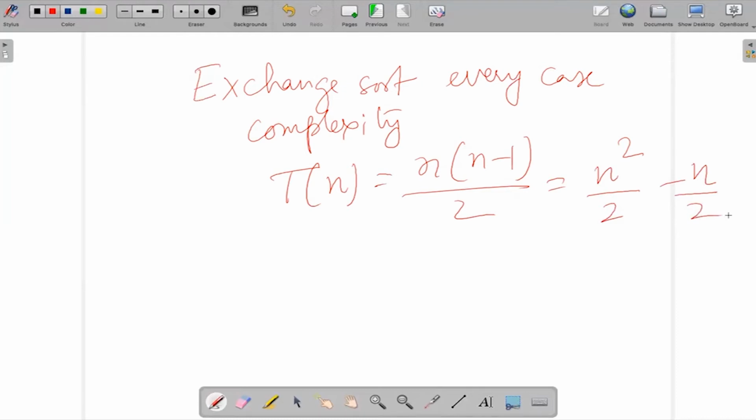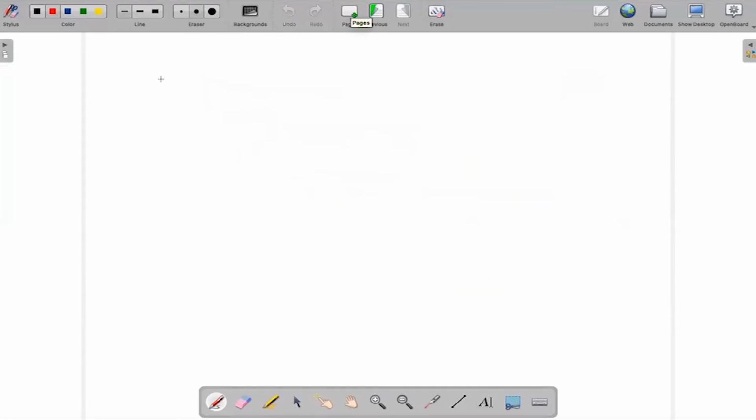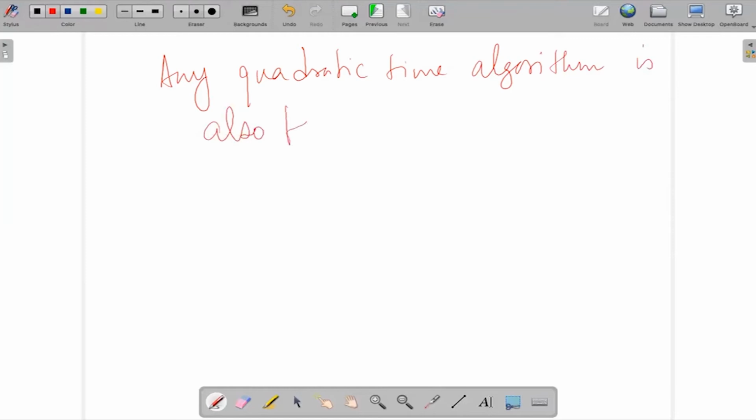And as we said, this complete function will, for some large value of n, eventually turn into a quadratic function, and therefore we can write T(n) is theta of n square. In other words, any quadratic time algorithm is also termed as theta n square algorithm.